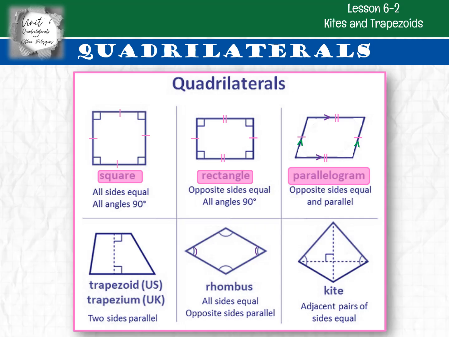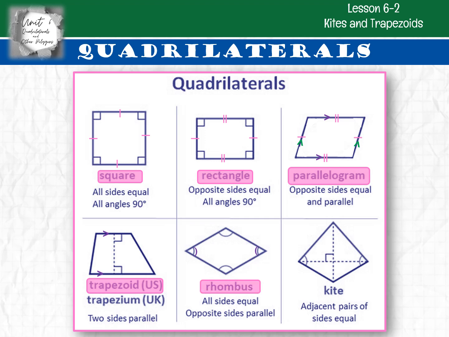Now the green arrows mean those two are parallel. The purple mean those two are parallel. If you're writing it on your paper and not using color, you should probably use double arrows on one of those sets. Let's see, trapezoid is how we call it. Trapezium is in the UK, but two sides are parallel, and that's those two right there.